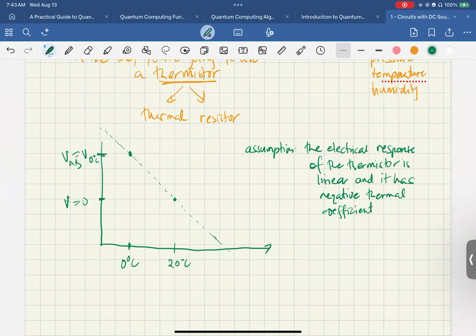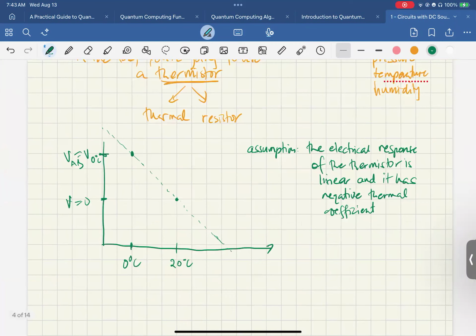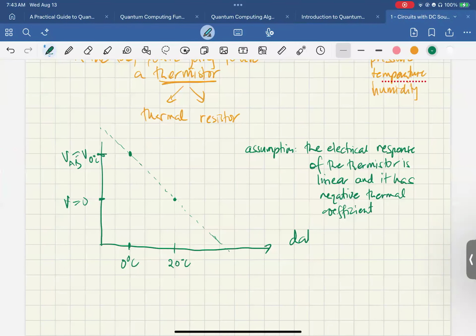But matutunan nyo rin sa lab na for every electrical device, merong data sheet. So you can actually pull out from the internet yung data sheet para sa mga electrical devices, para sa thermistor na gagamitin ninyo. So yung mga thermistors na yan, meron yang label.